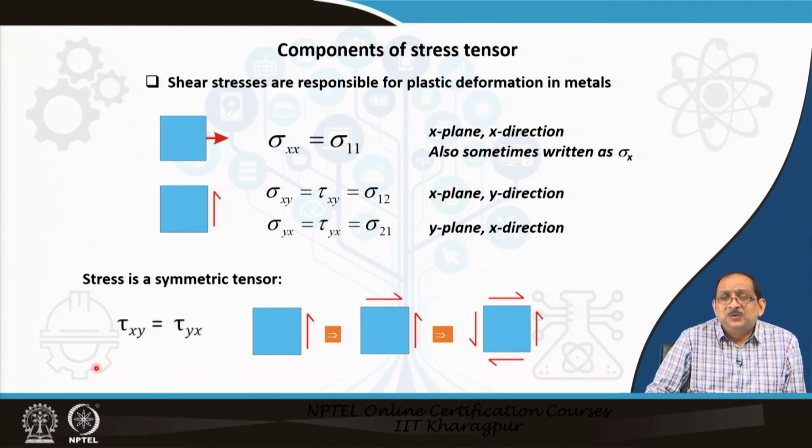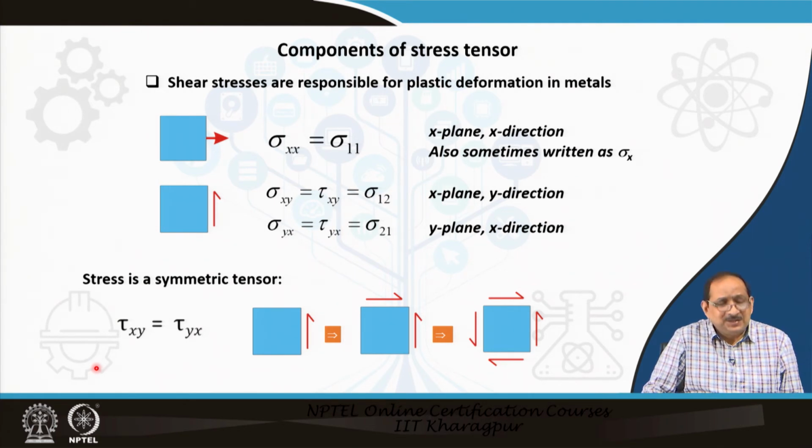Here, we can also see that we have represented sigma xx as sigma 11. It means it is acting on the x plane and along the x direction, whereas tau xy or sigma 12 means it is a shear stress, and tau yx is acting on the plane y, but along the x direction.